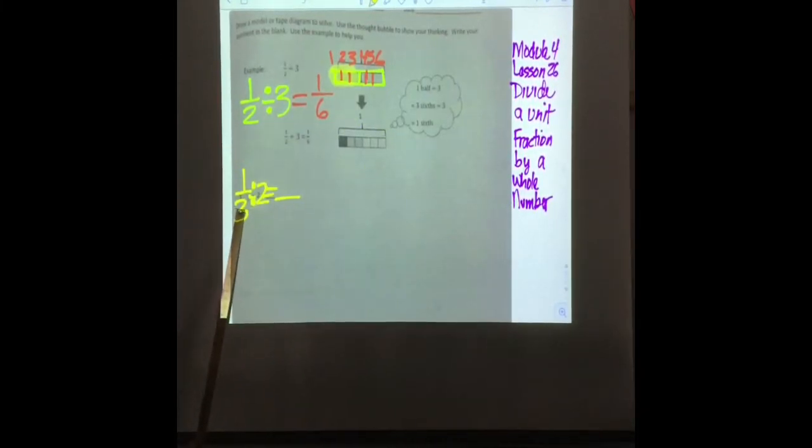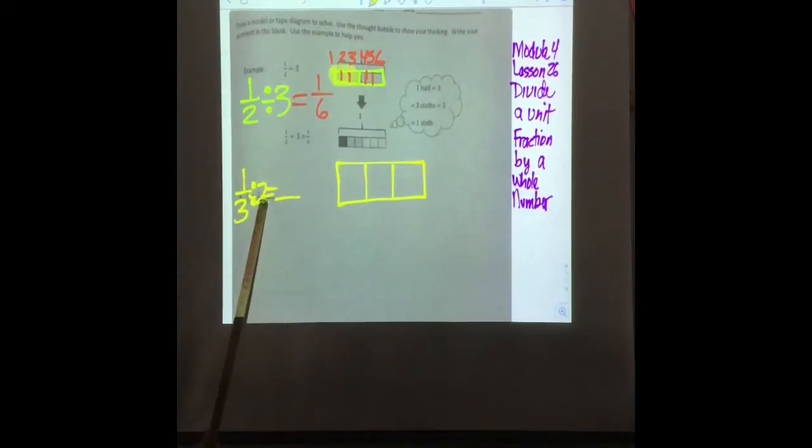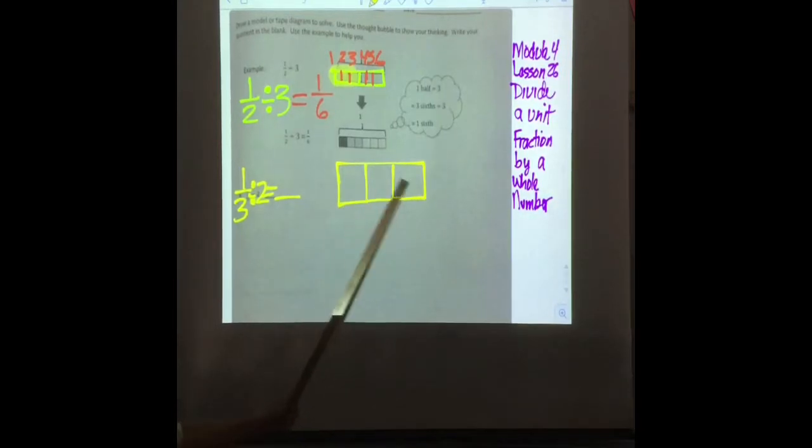Okay, this one says 1/3 divided by 2. Now if we draw this out, how many pieces are we going to cut our box up into? How many pieces? Good job. You said let's cut them up into thirds. Nice work.